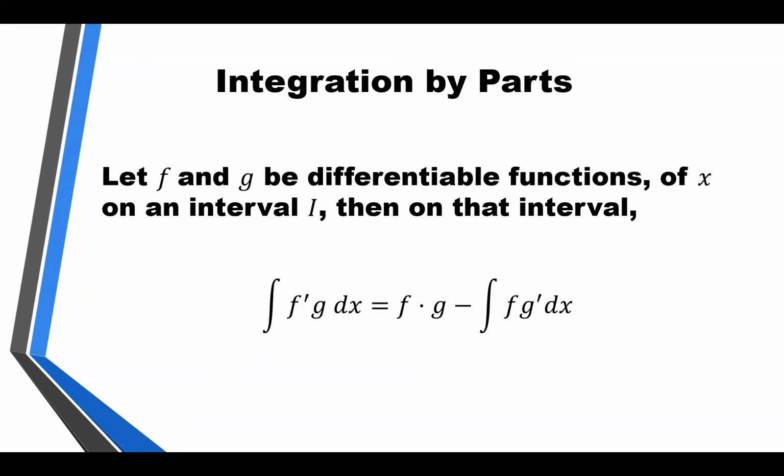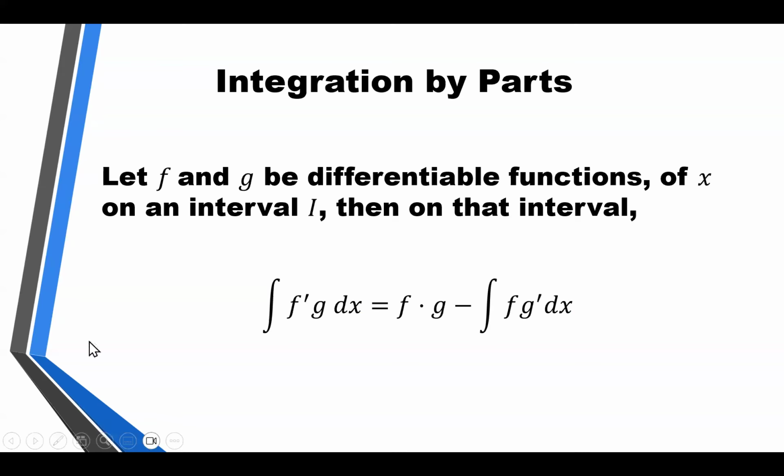So if we let f and g be differentiable functions of x on some sort of an interval I, then on that interval, the integration of f prime times g with respect to x is equal to f times g minus the integration of f times g prime.